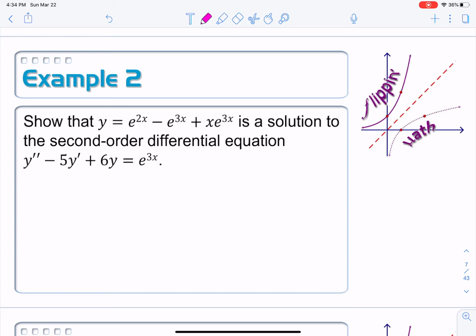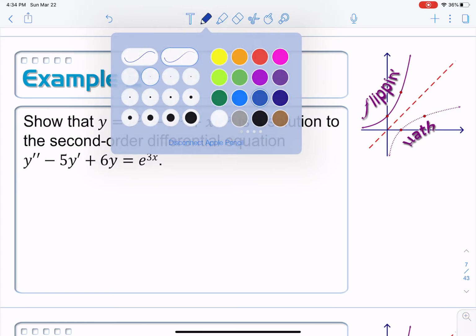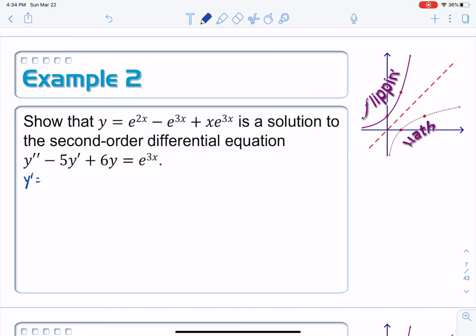So notice I need 2 derivatives. I need both y' and y''. It's official. y' = 2e^(2x), I'm taking the derivative of this original equation here, minus 3e^(3x), plus, and then I'll have to use the product rule on this one.